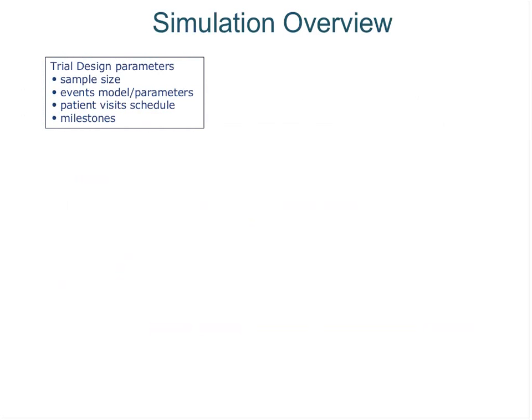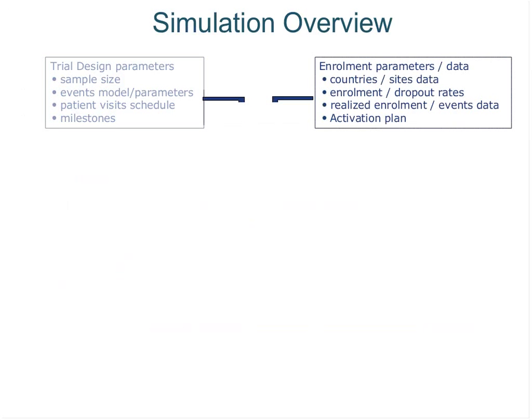So the first thing that you need for these simulations is really what is coming from the previous part of this presentation. You need the sample size in terms of number of events. You need events model and parameters, and you need to define your milestones, things like interim analysis, your filing times, things of that kind. Then you need to get the information on enrollment parameters.